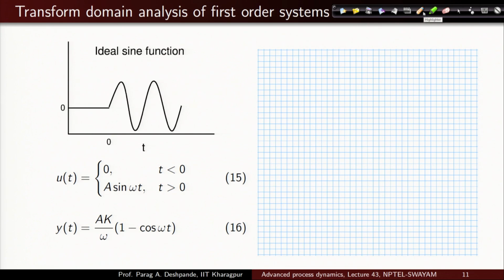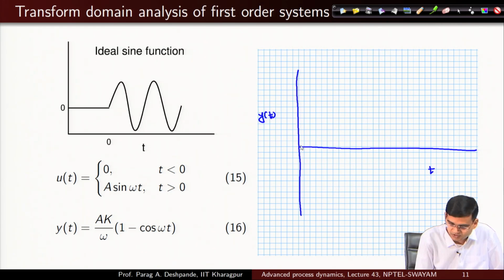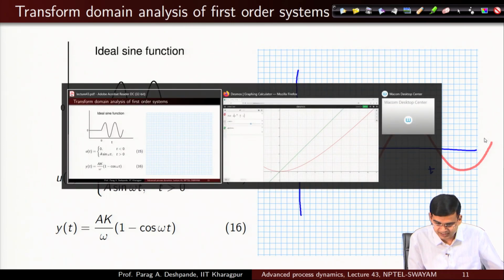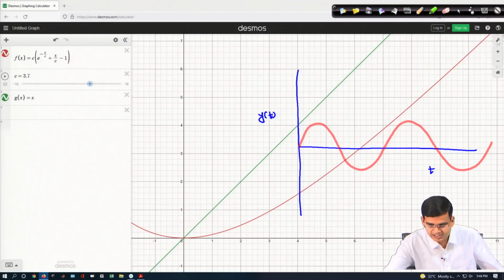And finally, sine function. Y of t versus t. So, the ideal sine input would look like this, and then you have the response (1 over omega)(1 minus cos omega t). Okay. And then what is really interesting is to see this.